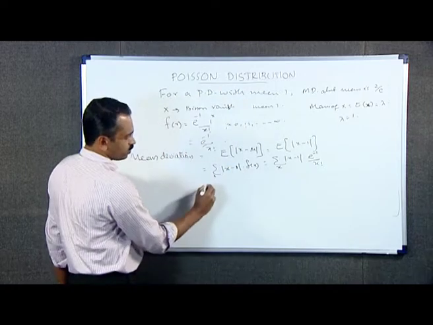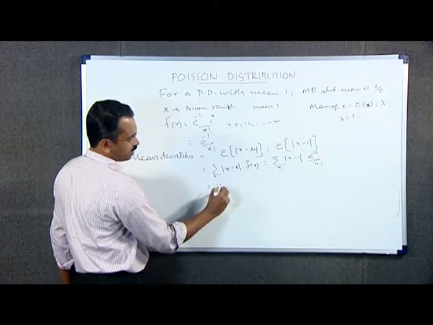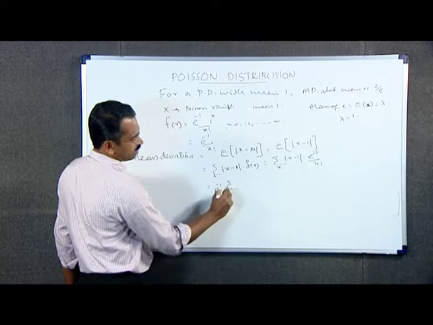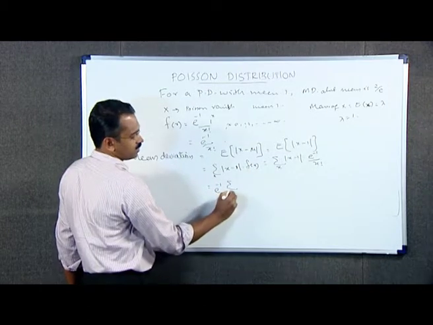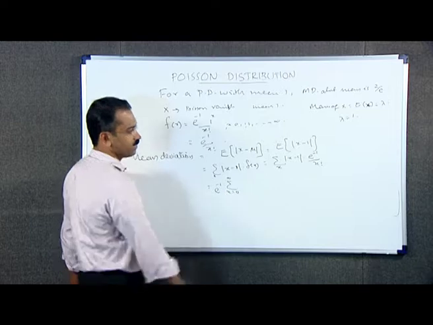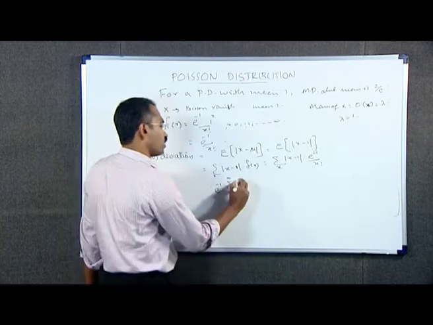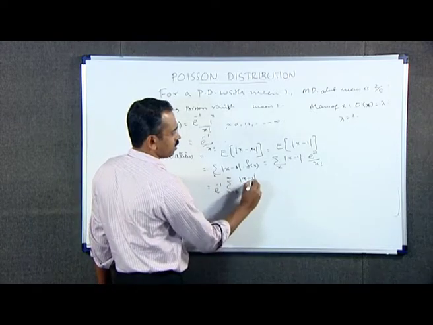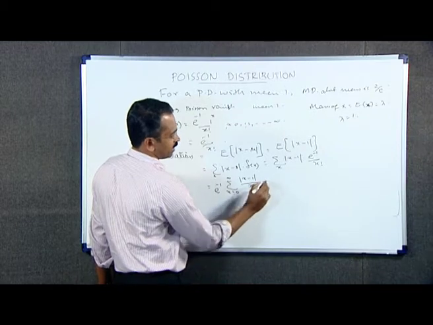This is equal to e raised to minus 1 into summation, here range of x is from 0 to infinity, modulus of x minus 1 divided by x factorial.